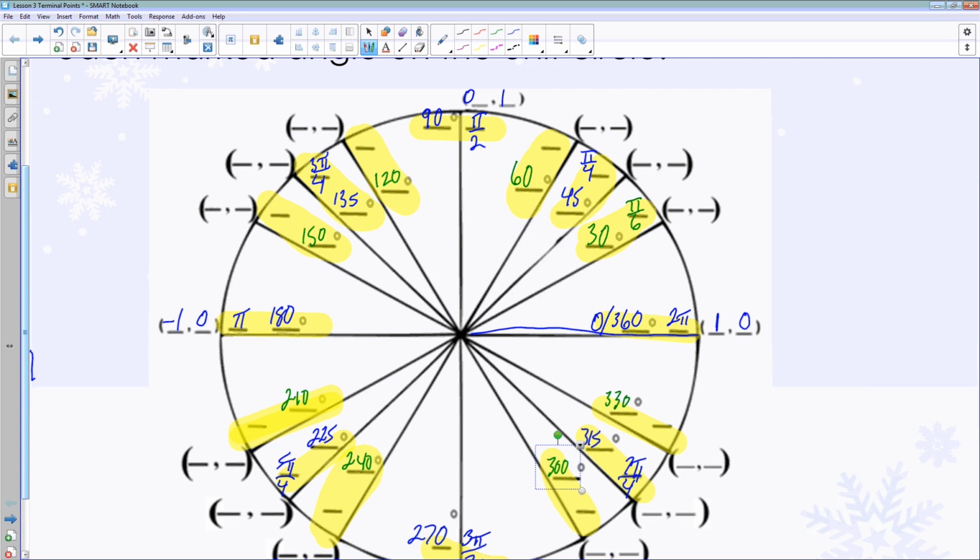Okay, but of course 2 pi over 6, we should know by now, reduces to pi over 3.